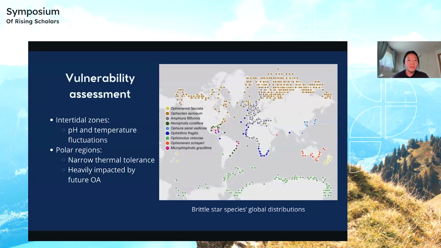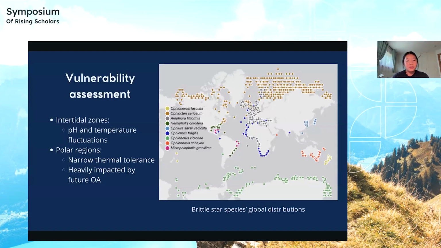So my vulnerability assessment included creating this map of globally distributed brittle star species, and I have 9 species that were found across the world that were included in the studies that I analyzed. So brittle stars that live in intertidal zones were found to be more resistant to ocean acidification and warming in general because they are naturally exposed to variability in pH and temperature in their natural habitats.